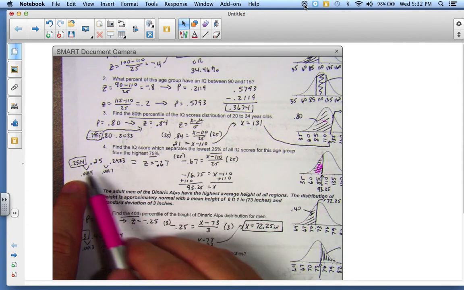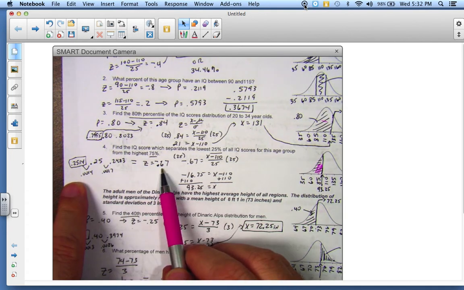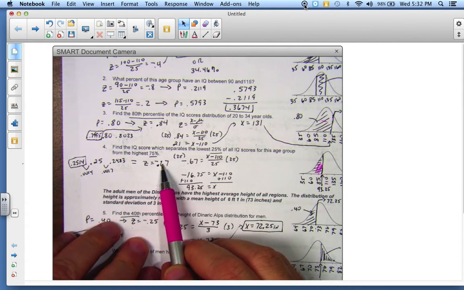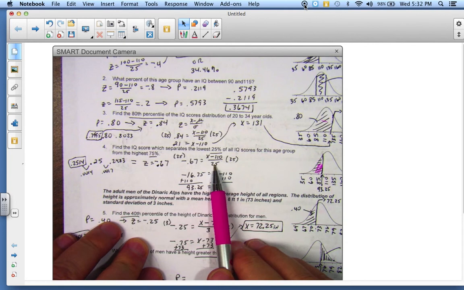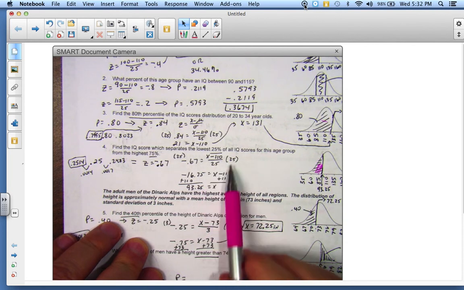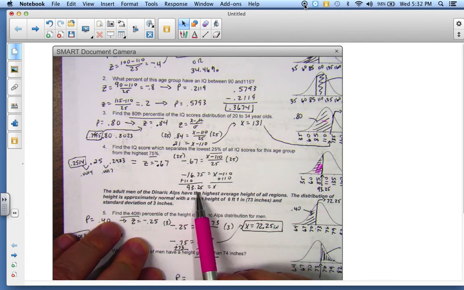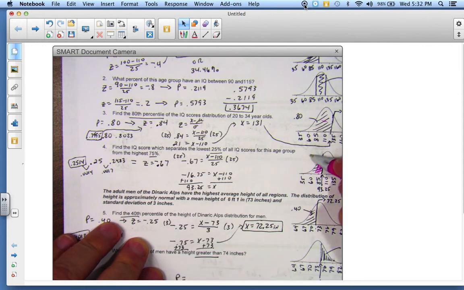That equates to a z-score of negative 0.67. Same method as up here. Negative 0.67 equals x minus 110 over 25. Multiply both sides by 25. Add the 110, and I get a score of 93.25. So a score of 93.25 is going to have 25% of the scores to the left. So that's 0.25.